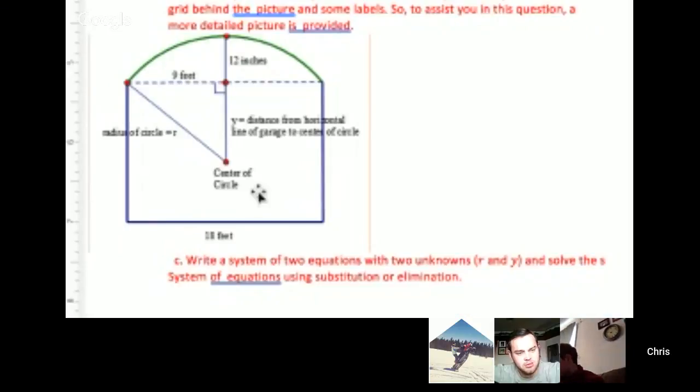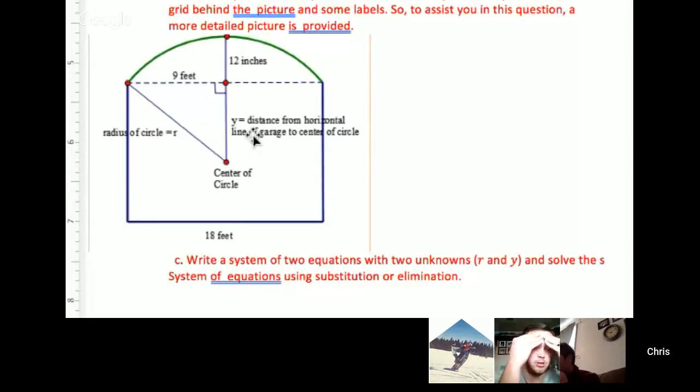Our system of two equations with two unknowns. So we have the R. Oh no, we don't. We don't have the Y either. I just don't get it. So if we draw a full circle all the way around the entire thing, the circle would go out 12 inches on each side.